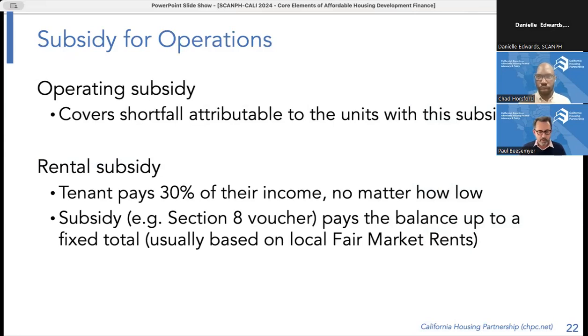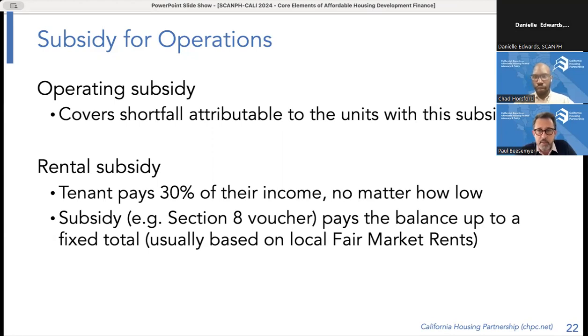So where are these subsidy sources? First, let's talk about the quicker one, subsidy for operations. Think back to our example of the extremely low income property that had negative cash flow from day one without a rental operating subsidy. Rental subsidies are primarily the province of the federal government.